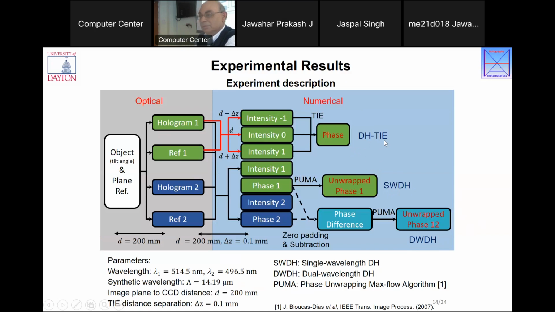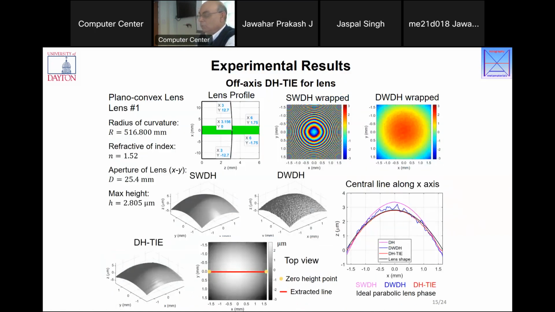Are you okay here? All right, so what did we use as a phase object? Well, we used different lenses. Lenses are phase objects. We found a whole bunch of plano-convex lenses in the lab. They are easy, because one surface is plane and the other surface is curved, and you can exactly find out the radius of curvature of that surface. We actually used a profilometer. We also measured the focal length, and they all agree.